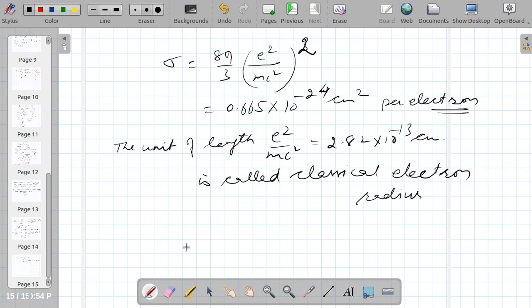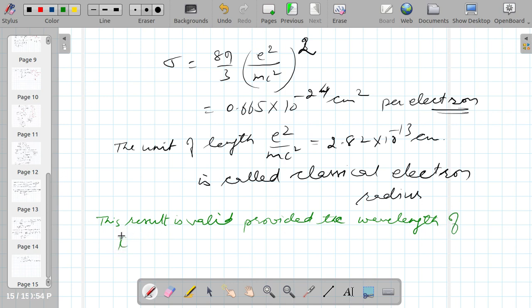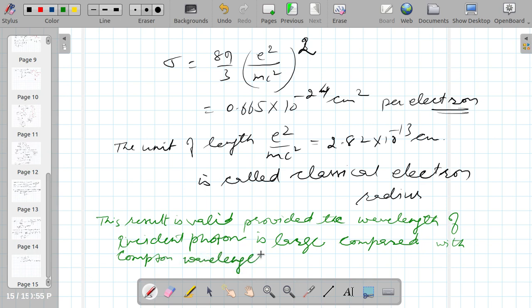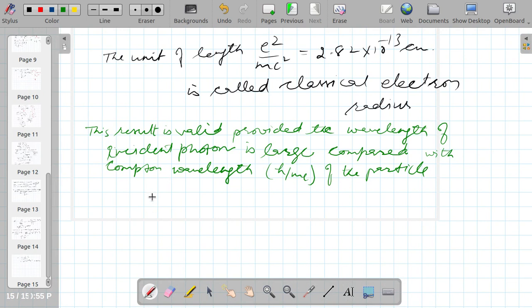And this result is valid provided the wavelength of the incident photon is large compared with the Compton wavelength, that is h over mc, of the particle, and the extent of its charge distribution.